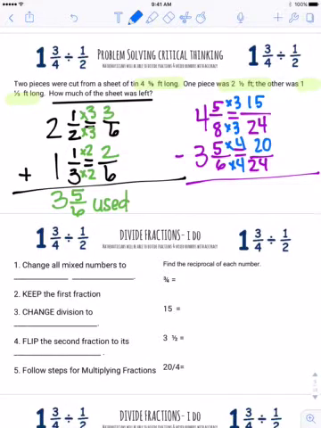Now I can subtract, but wait a second. I can't take away 20 from 15, so I have to borrow a group. I'm going to borrow from my 4 and make it a 3. I'm then going to add one whole to my 15/24, which means I need to make it the same denominator. So we make it 24 over 24.